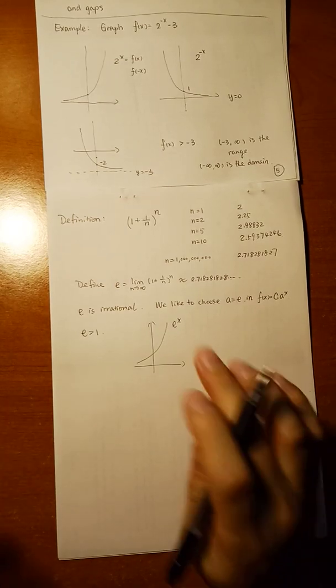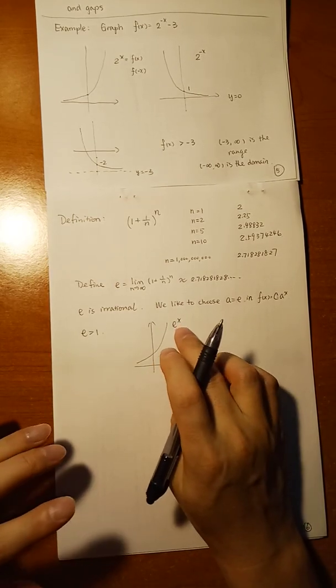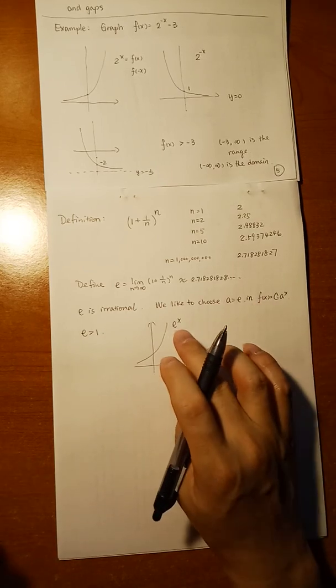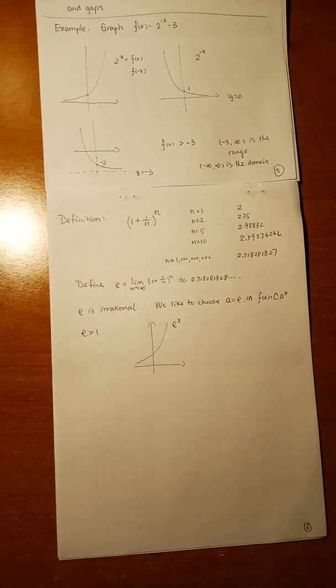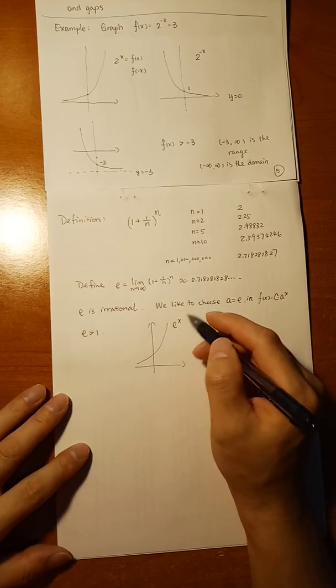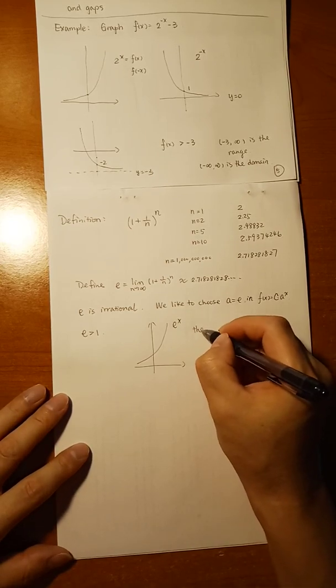Next, we just say there is a special choice. Other than 2, 3, 4, 5, 10 stuff, there is a special choice like this e. And the exponential function with this selection is called the natural exponential function.